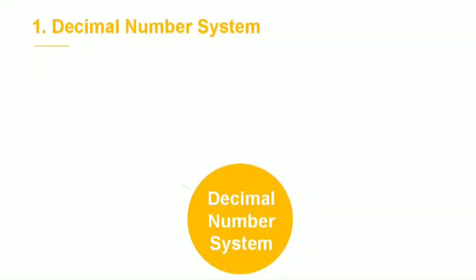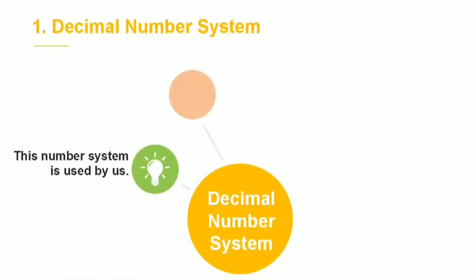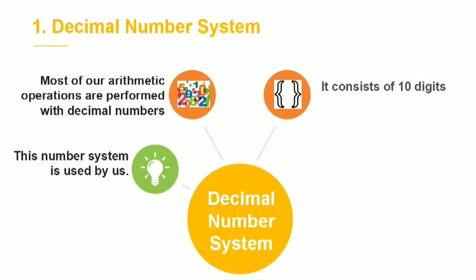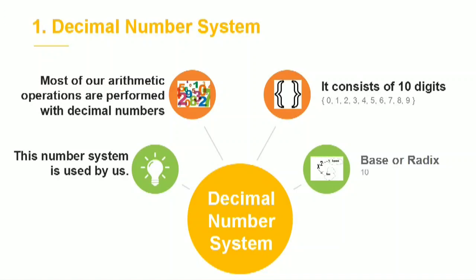Now, let's start with decimal number system. This number system is used by us. Most of our arithmetic operations are performed with decimal numbers. It consists of 10 digits, that is from 0 to 9, that we all know.